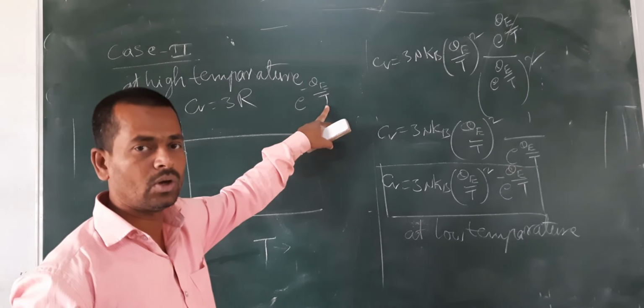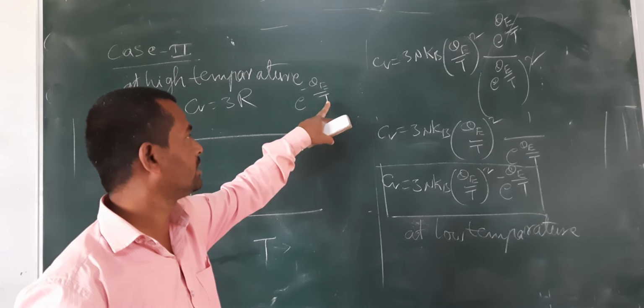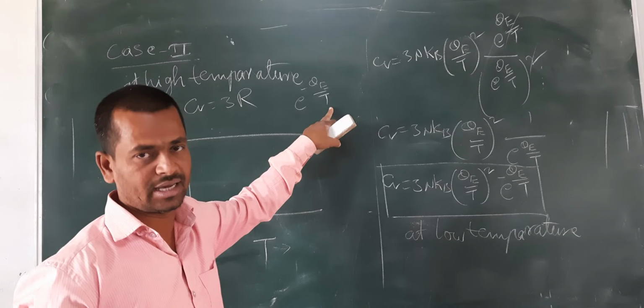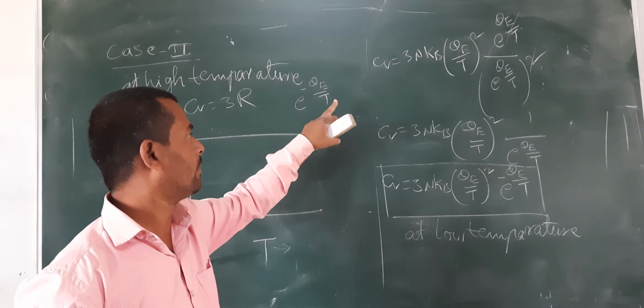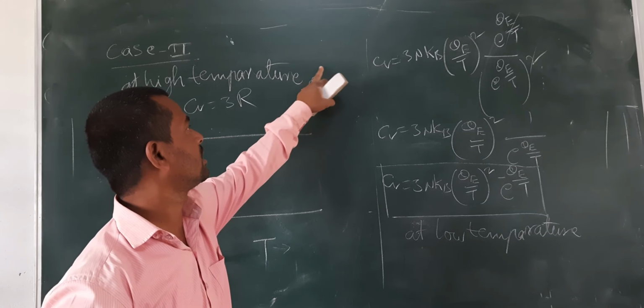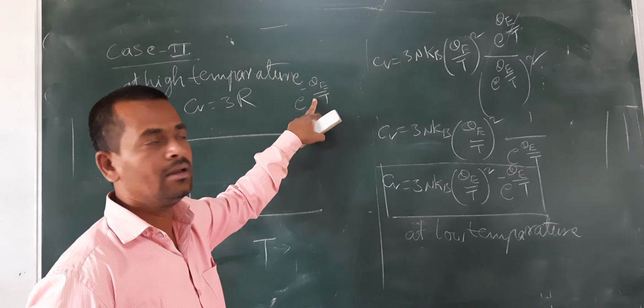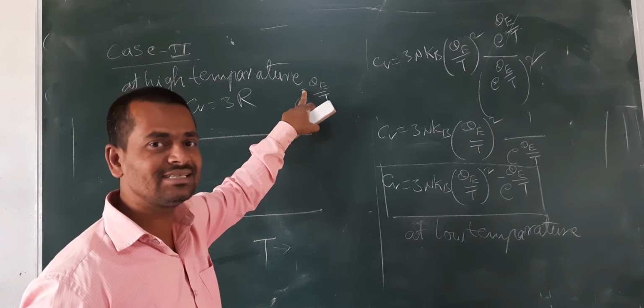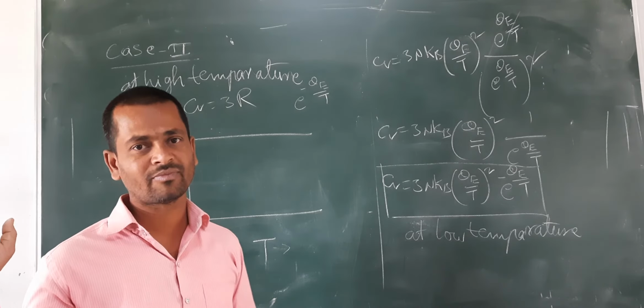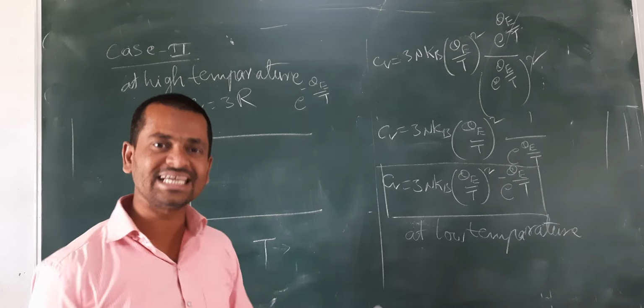When T is low, at a low temperature, what happens? This term is very much high, just what I said to you. When T is low, this term, being in the denominator, is high. But a minus is attached to it, so this term is very much low. Then the exponential term also decreases.